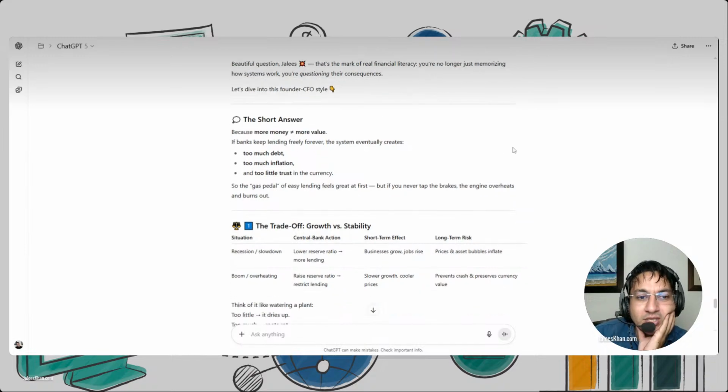Okay, the short answer is more money. Yeah, that's the point: if there is an infinite money printing machine, then money loses its value. Everyone has cash, so no one is going to work for that cash. So that's why money loses its value if it is in infinite supply.